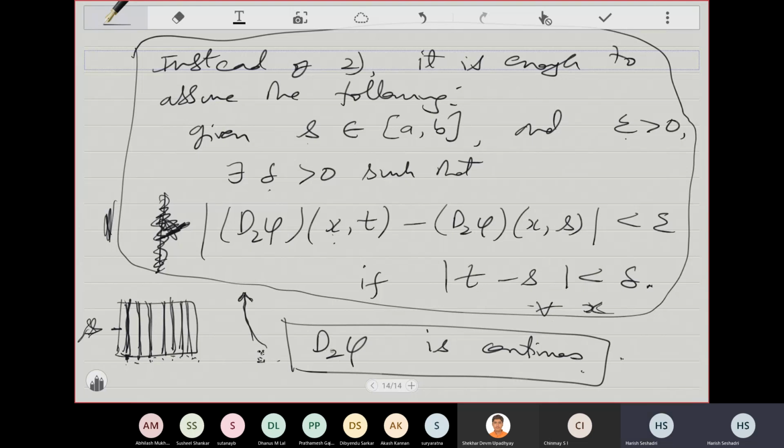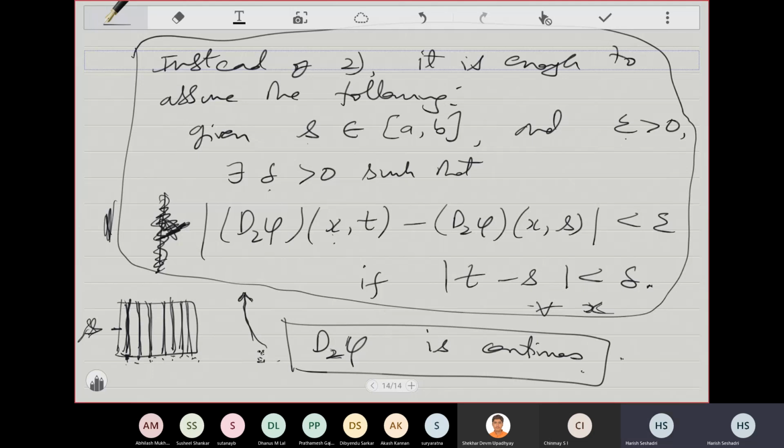But if I know D2 phi is continuous, how do I know that this condition is satisfied? Again, the same delta should work and so on. That issue will arise, right? After all, continuity is at a point. So how do I solve that issue?